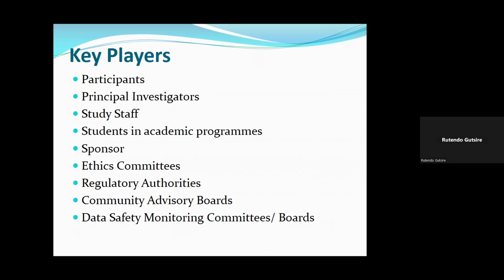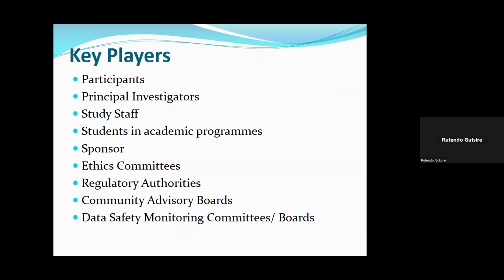You develop your proposal, as students, you give it to your supervisor, you meet the supervisor, they approve, then you can take it to JREC. That is the Joint Research Ethics Committee for Parirenyatwa and for the Faculty of Health Sciences for clearance.